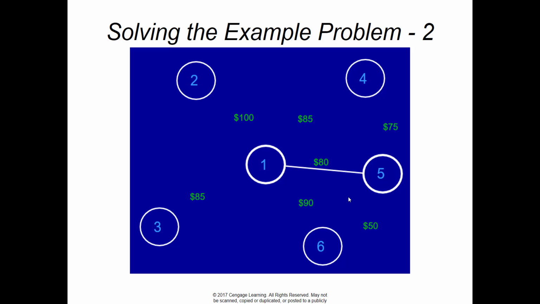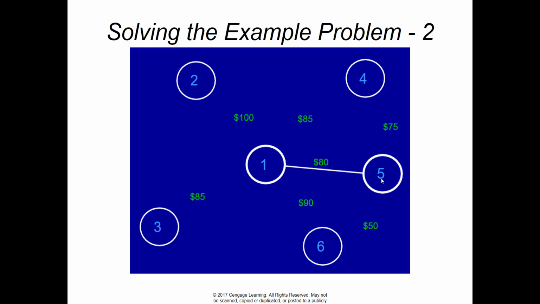Then the arcs from the nodes we have that connect to other nodes cost 85, 100, 85 and 90, and the arc that connects 5 to 4 costs 75, and 5 to 6 costs 50. You can see the minimum value is 50.